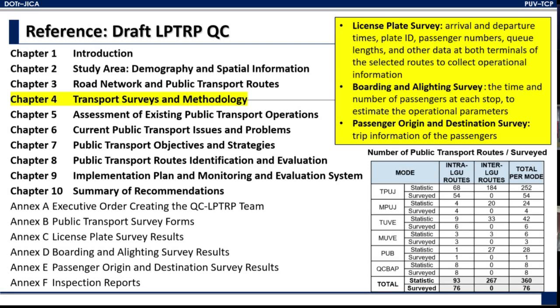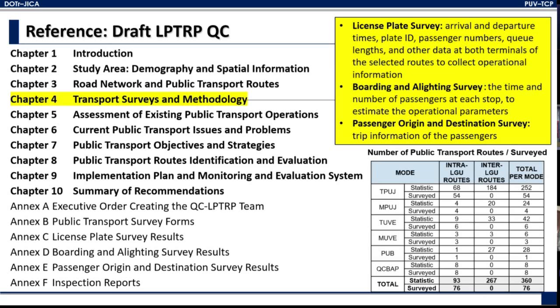Thank you, engineer, for your comment earlier. I think if we are really to maximize the study that is currently on hand, to expect the local governments to pursue a revised LPTRP manual along the lines that are being recommended by the consultants might not be realistic.